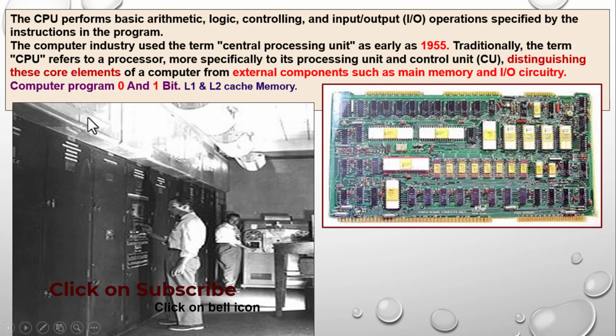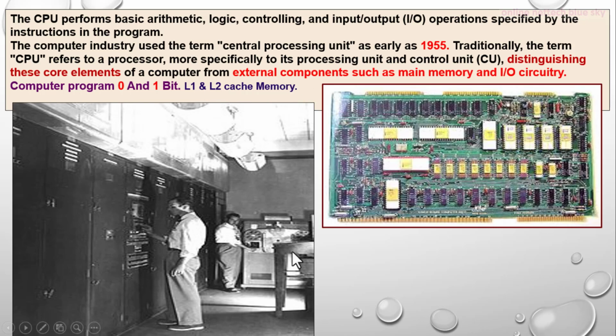Computers use two types of binary code, 0 and 1. That is one type of reply given by the main part of a computer, the central processor unit. After that come the L2 and L1 cache memory.